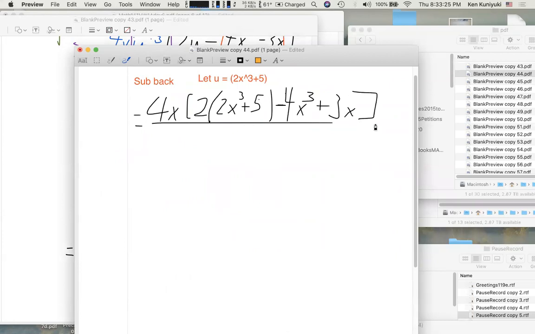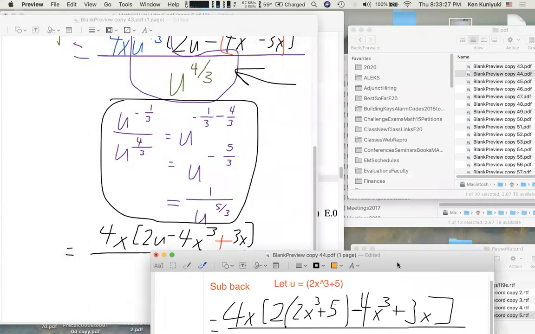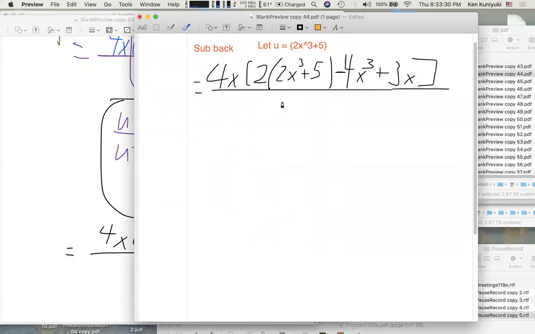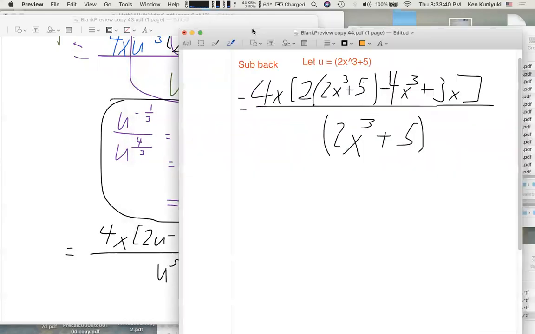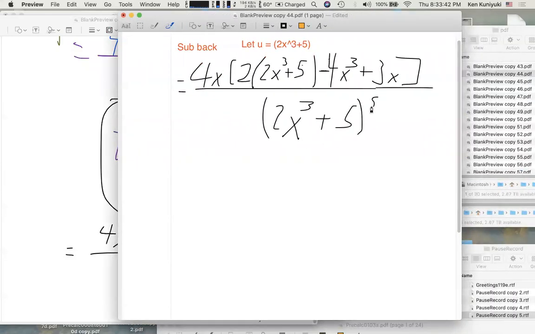Okay, and I'll conscientiously extend my bar there, all over u, which is 2x cubed plus 5, to the 5/3. All right, we're very close.